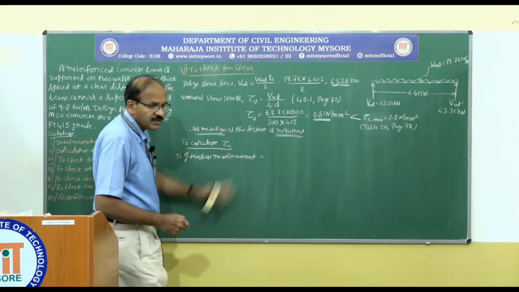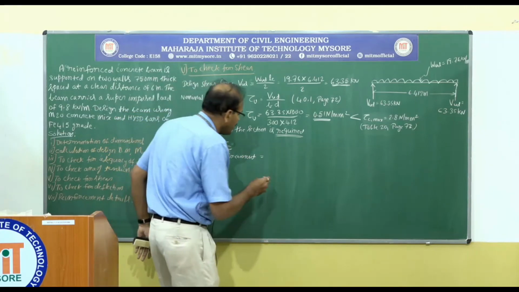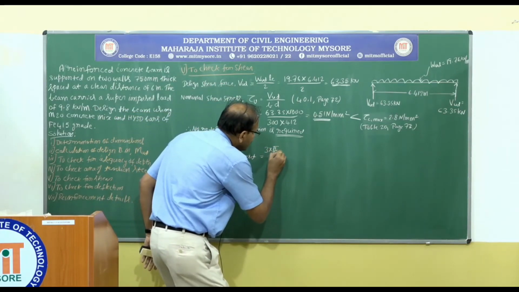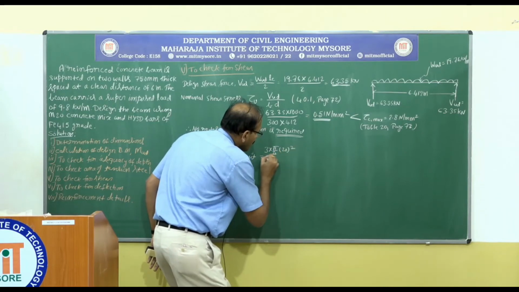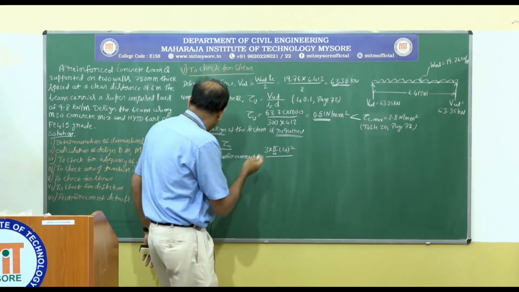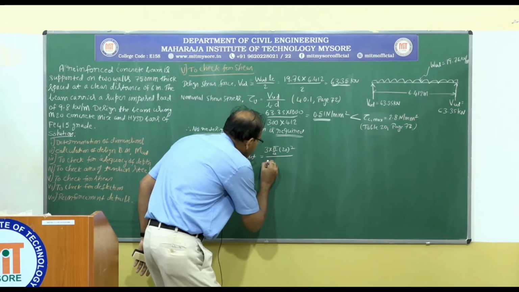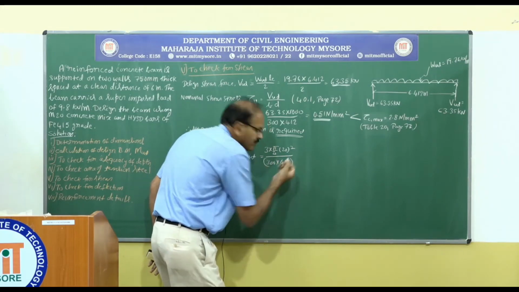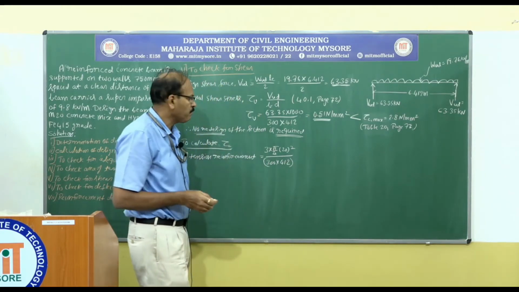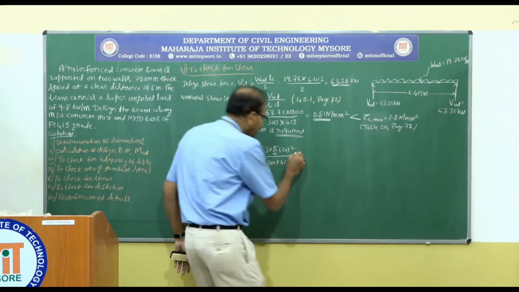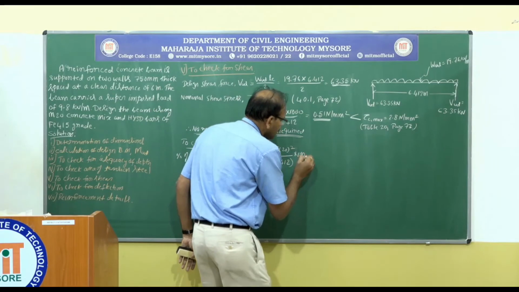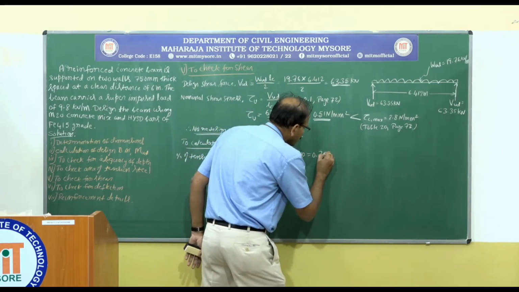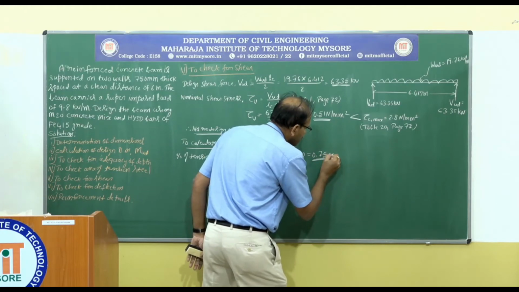So, percentage of tension reinforcement at that section is, we have 3 bars of 20 millimeter diameter divided by BD. What is B? 300. D is 412. Multiplied by 100. We are going to get this value equal to 0.75%.